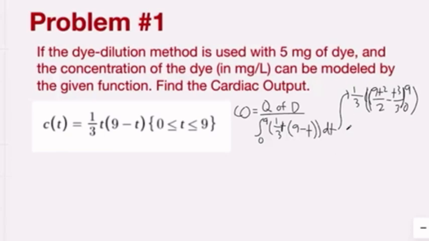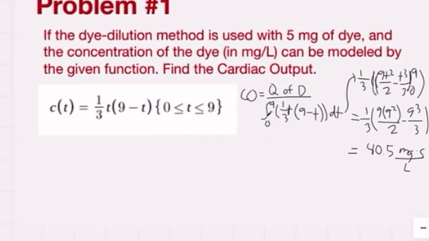So next we're going to just input 9 into the function. And since inputting 0 would just give us 0, we're just going to get the answer straight from this. And that would equal 40.5 milligrams times seconds over liters.